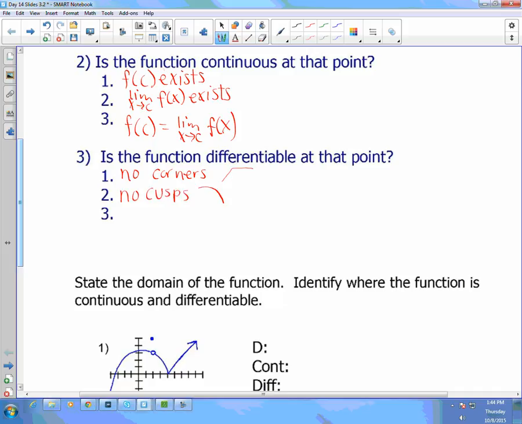It's like when two curves come together, and the point where they meet, like the wings of a bird, is a cusp. It's like a seagull, like in an elementary drawing. Also no vertical tangents, and no discontinuities.